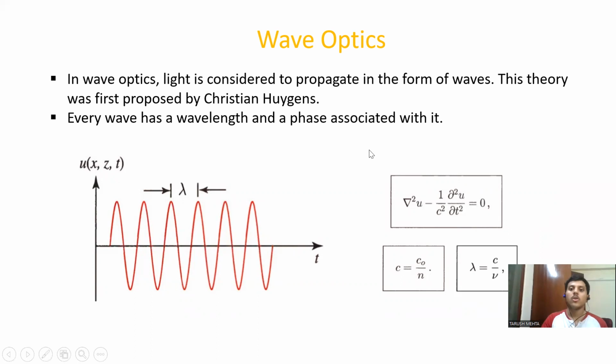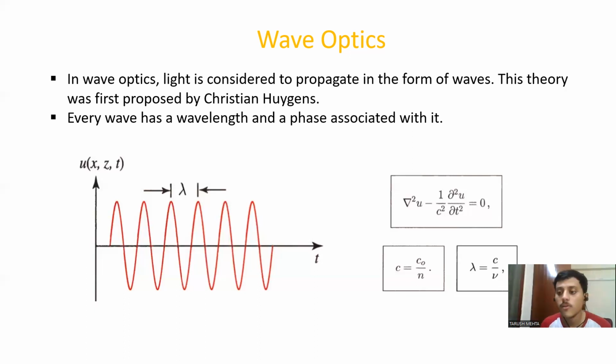Now coming to the second theory of light, or theory of photonics, this is wave optics. Ray optics was good to explain many phenomena like image formation through lenses and mirrors, which are two of the most common devices that we observe in our day-to-day surroundings.